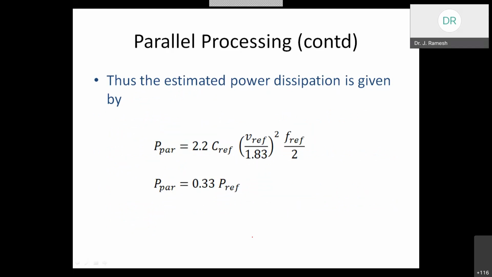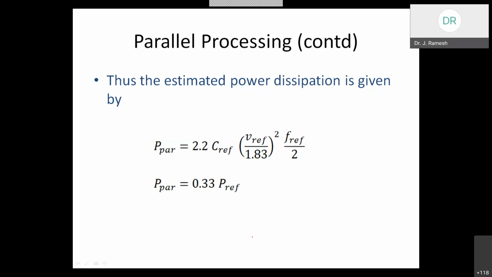If we calculate all the numerical values, then the expression for the parallel architecture will be P parallel equal to 0.33 times P reference. Now you can see this is not an exact result, but the trend of the results will be the same.